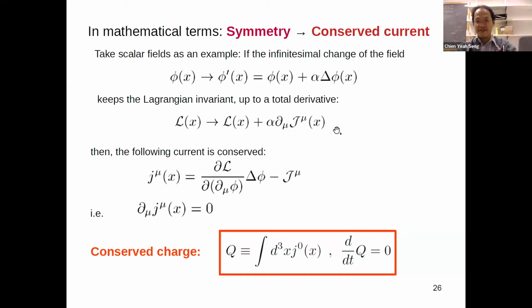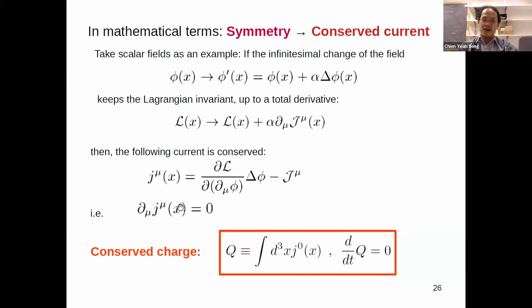The total derivative is fine because we just need the action to be invariant, and the action is the space-time integral over the Lagrangian. So if the infinitesimal transformation leaves the Lagrangian invariant up to a total derivative, then by using the equation of motion, you can show that this defined current, we call it a conserved current, is conserved, namely its divergence is 0.